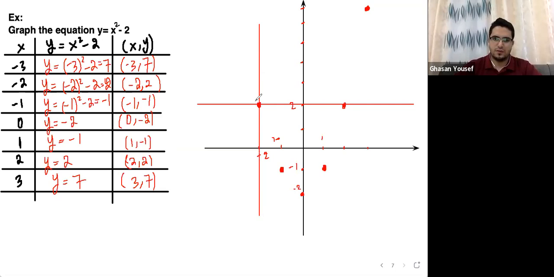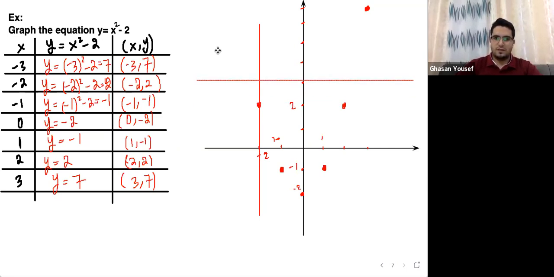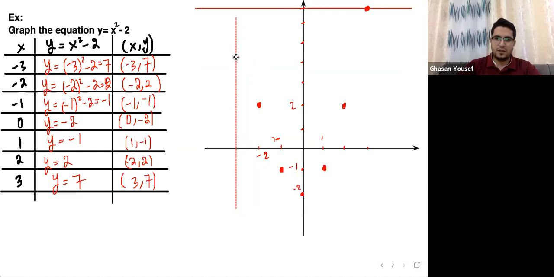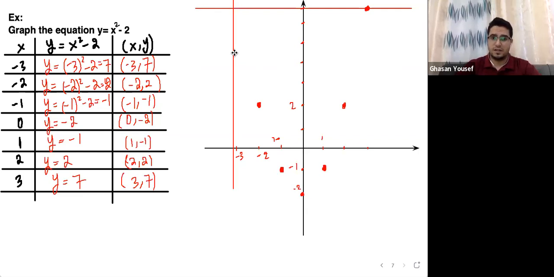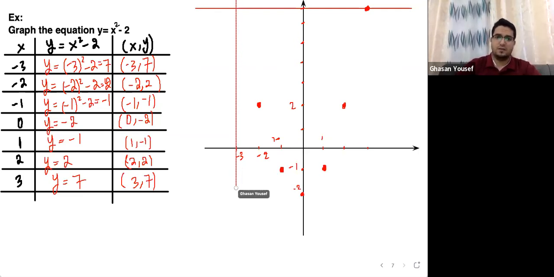This is negative 2 and 2. The third point is negative 3 and 7. Here it's positive 7 and negative 3, like around here. So this is negative 3, and the point is 7. So the point is like around here.